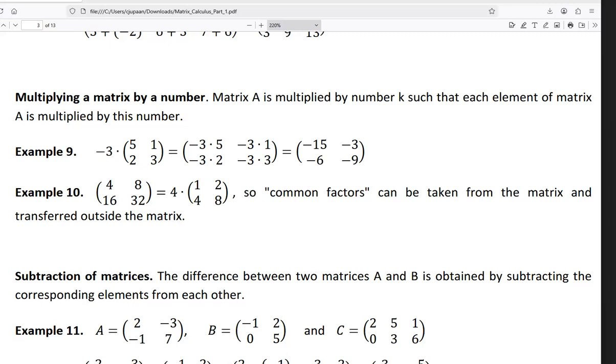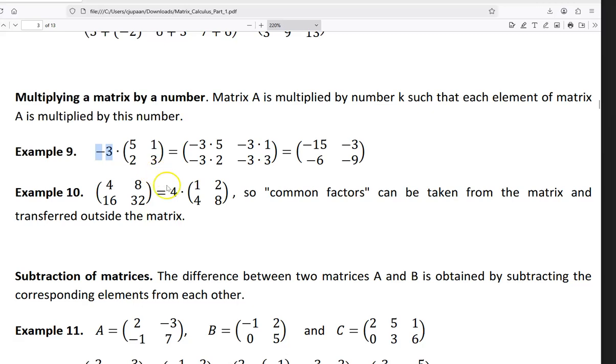If you have to multiply a matrix by some number, for example -3 in this example, and you have to multiply -3 times this matrix, all you have to do is multiply all elements by the same number. So this is a very easy rule.